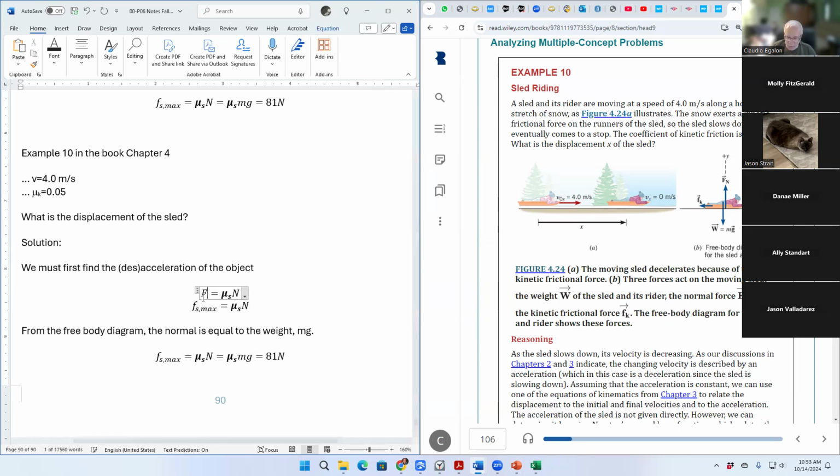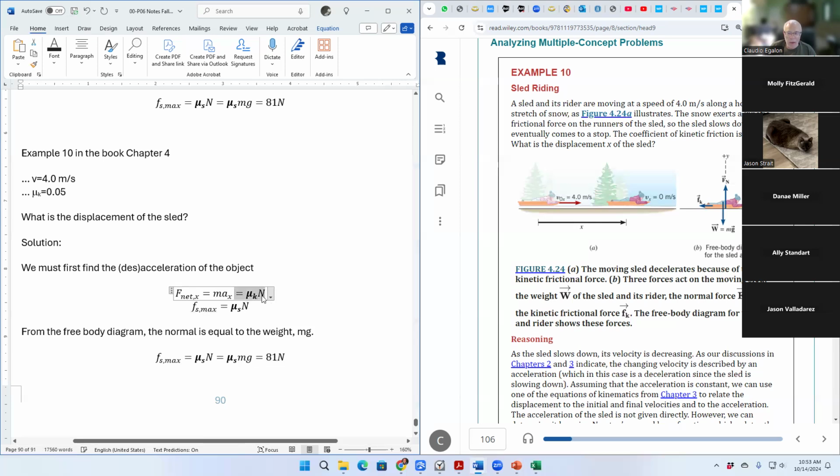Net force along the x direction is equal to mass times acceleration in the x direction. And let's not forget that the only force that we're dealing with in the x direction is going to be the force of kinetic friction.